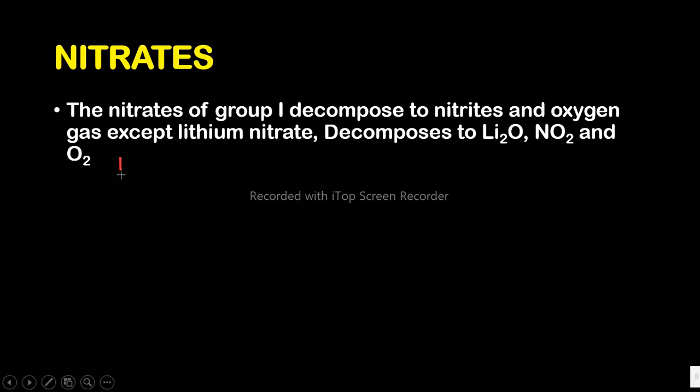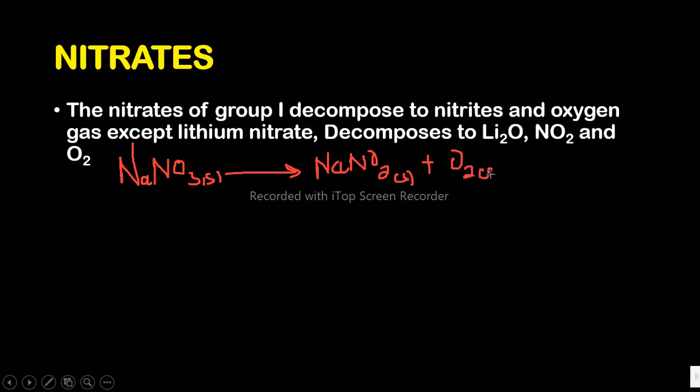For group 1, let me say for example sodium nitrate, which is a solid, it will decompose to give us sodium nitrite, a solid, plus oxygen gas.